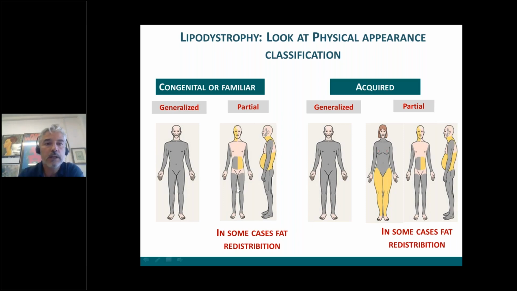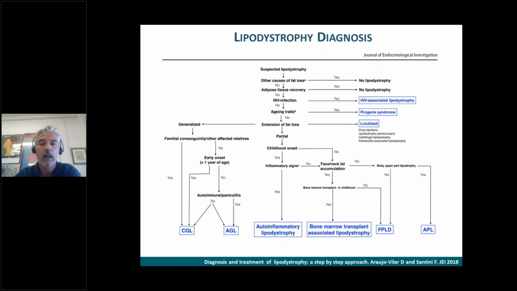So as you can see here, you have 4 different groups that are the major categories that we use to subdivide the different disorders. Now, the diagnostic flowchart for lipodystrophy can be extremely difficult, complex, and requires, no doubt, experts that are working in this field.